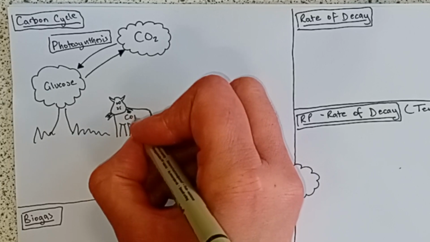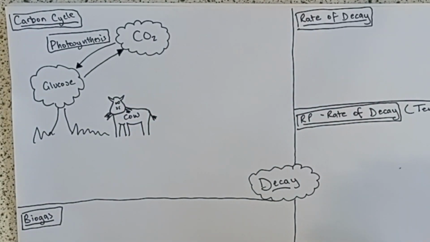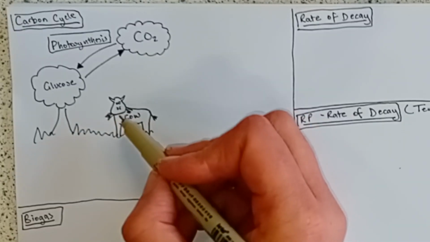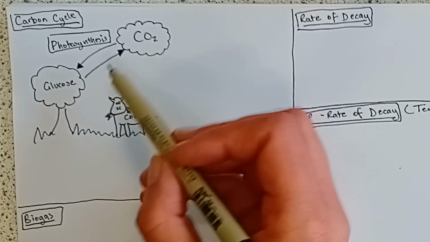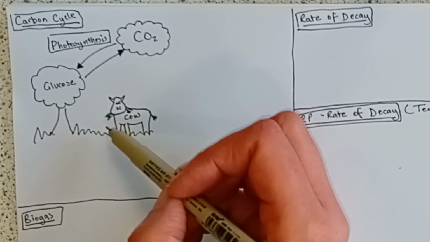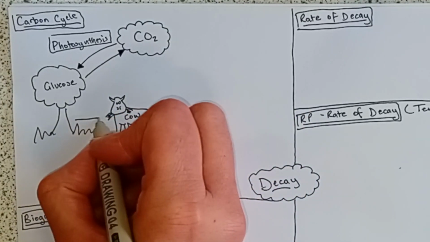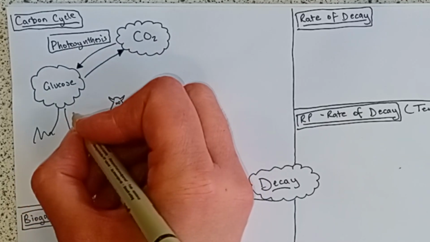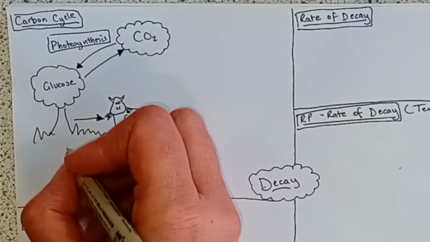I'm going to write cow, just in case you can't tell it's a cow. Okay, so cows and all of the herbivores get their carbon by eating it, and eating it in the form of plants. So the carbon gets passed from plants to animals by the process of eating or consumption.